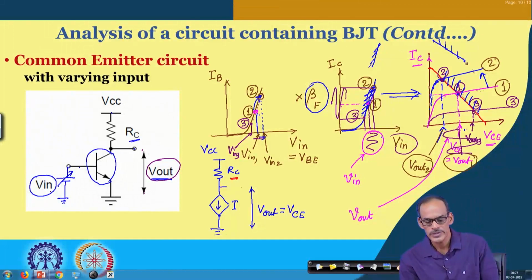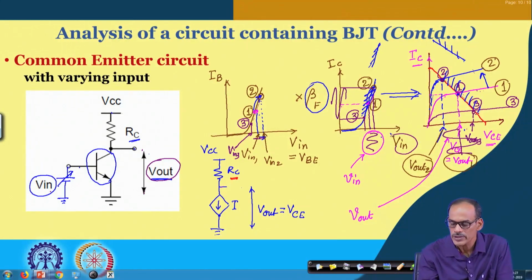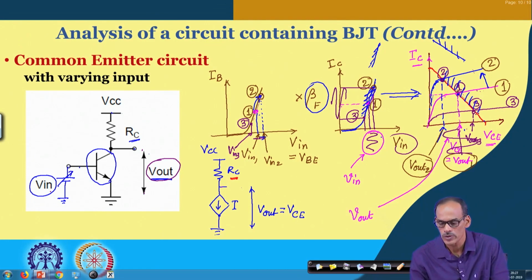Intuitively you can see that this I V characteristic, which is of course exponential, has a very sharp slope, and on the other hand this line's slope is of course decided by 1 by R c. So, the relative slope of these two so called mirrors provides a gain.